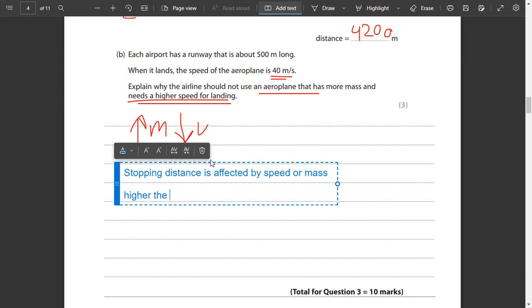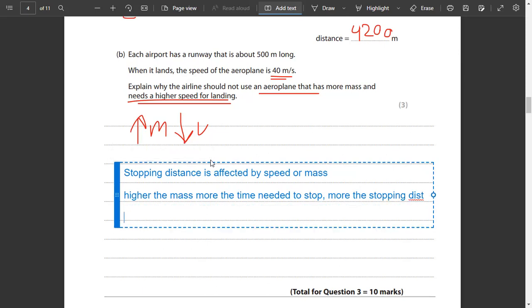Higher the mass, more the time needed to stop. More the time needed to stop, more the stopping distance. ज़्यादा distance चाहिए होगा उसको stop करने में. So more would be the क्या? Stopping distance.